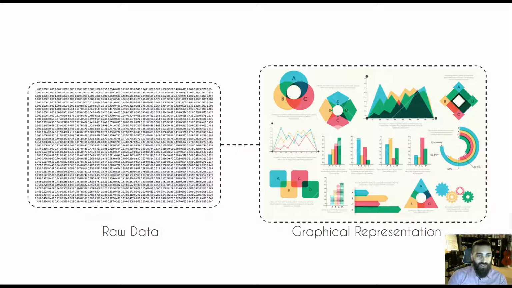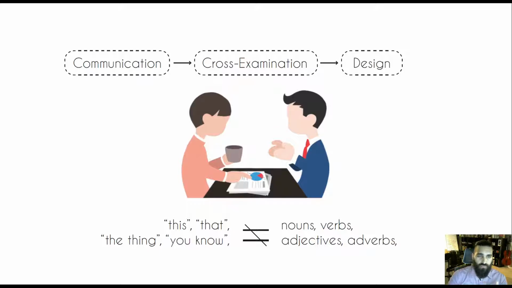We immediately understand it better, right? And that's because of the way that we compute information, we're able to understand it, absorb it, interpret it in a way faster manner if it's done in a graphical manner rather than these raw data runes. And this, of course, helps us to better communicate, which helps us to increase the quality of cross-examination, which ends up letting us have better designs.